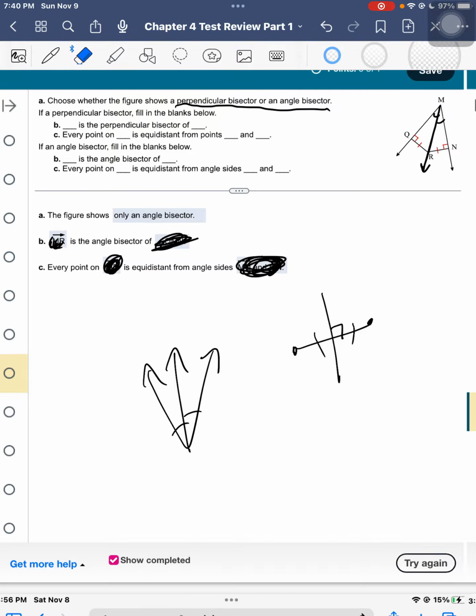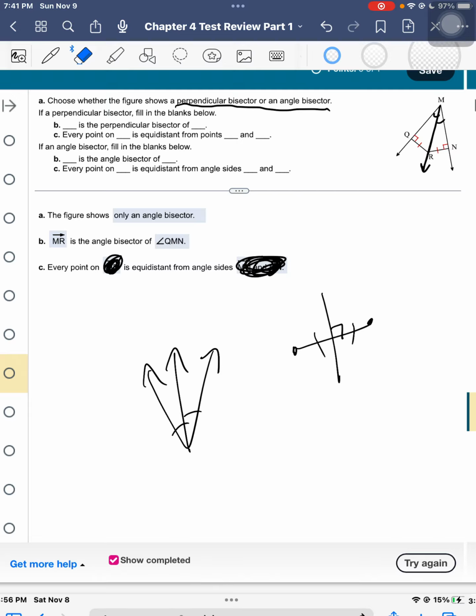What is the angle bisector? Look here. The angle bisector is ray MR. So ray MR is the angle bisector of what angle? We could say angle QMN or NMQ. They decided to use QMN.